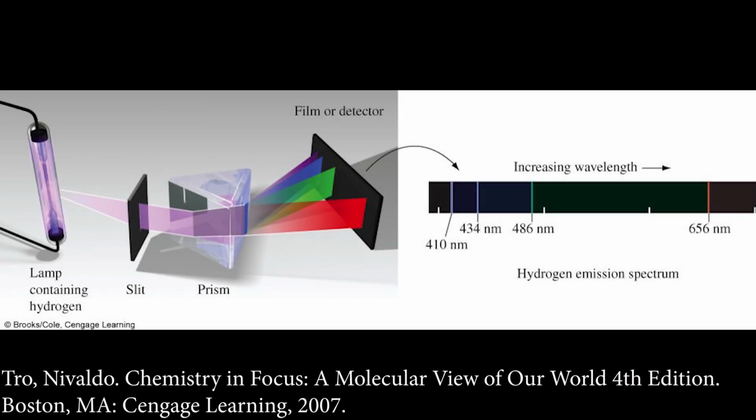So here's the classic example for hydrogen. If you take a bulb containing hydrogen gas and you put a bunch of voltage through it, so you give it a bunch of energy, and that energy is able to excite the electrons in the hydrogen, kind of with that map that we saw previously, excite them up to higher electronic states, higher fundamental quantum states. And then as they relax back down to the ground state, they can emit light.